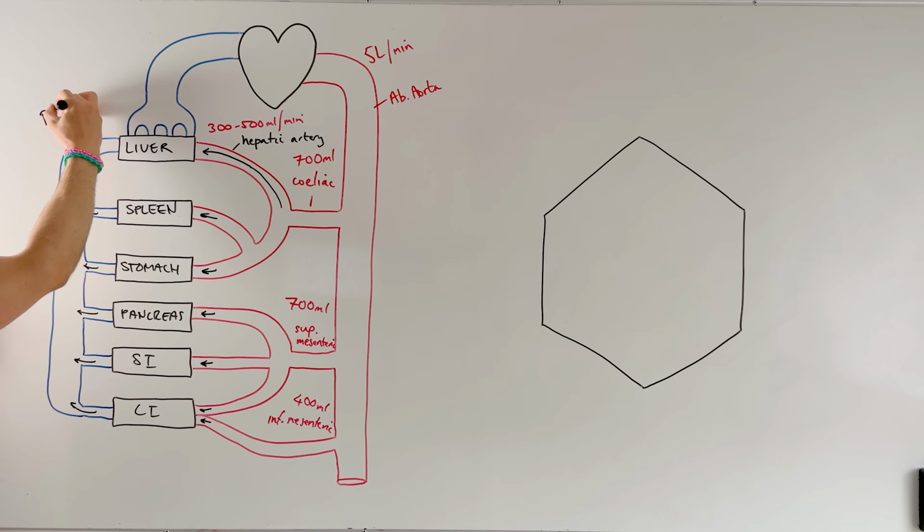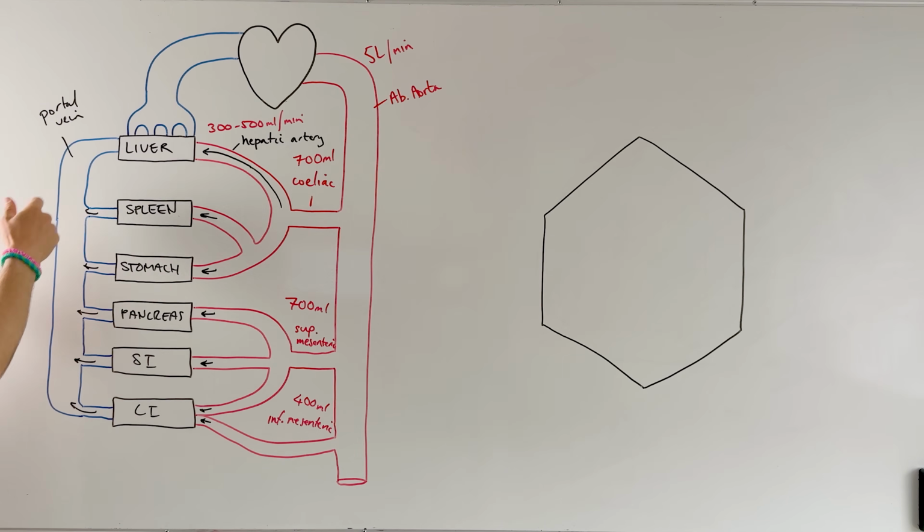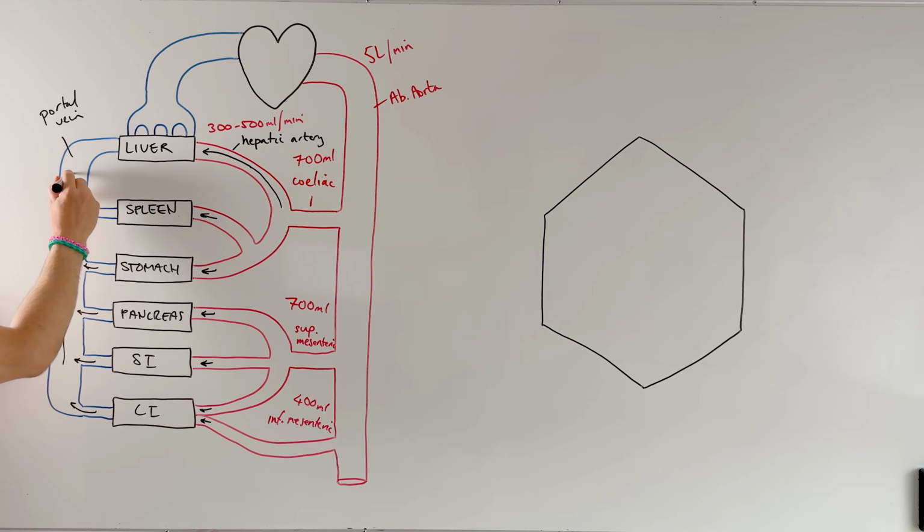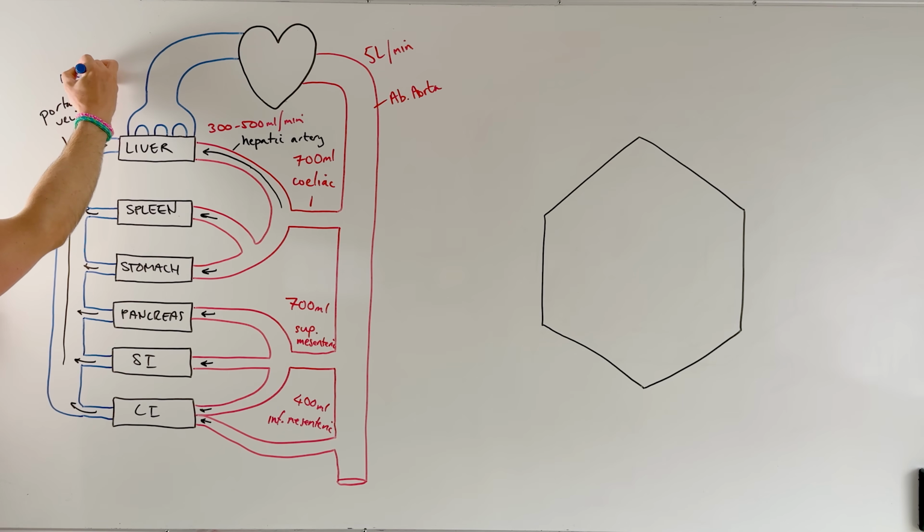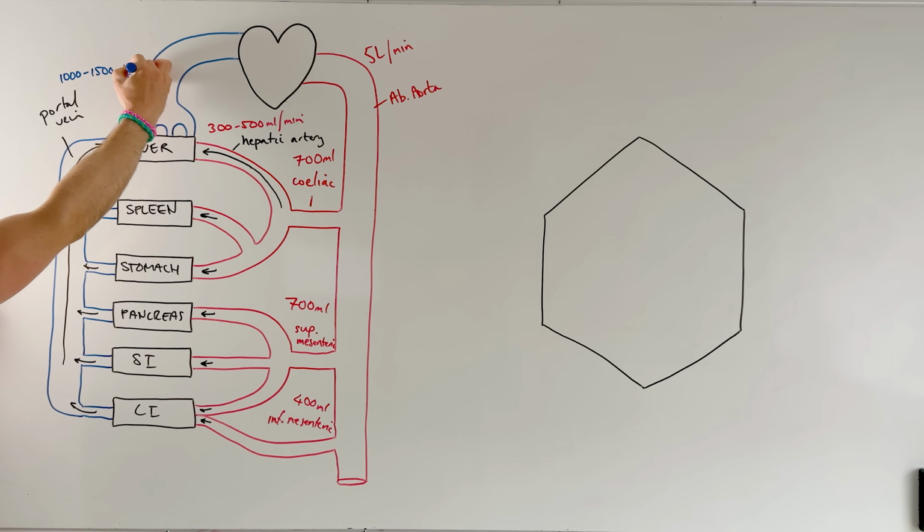Now, the portal vein is going to be collecting all of this blood, and it sends it to the liver. And how much? Well, it's around about 1,000 to 1,500 mils every minute.